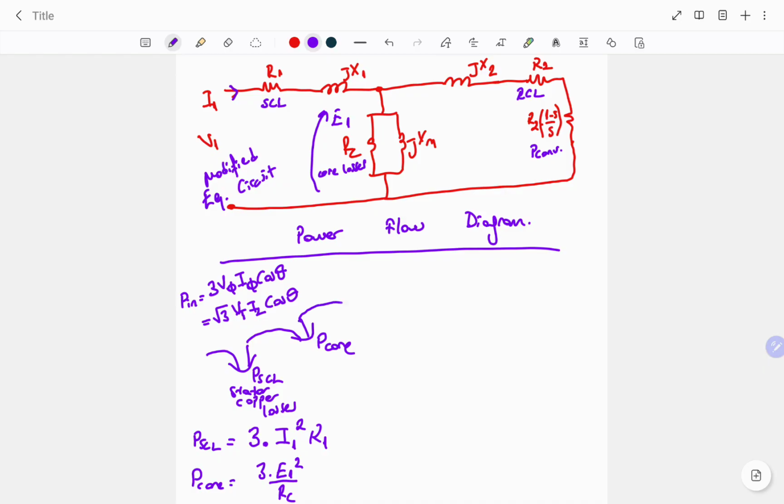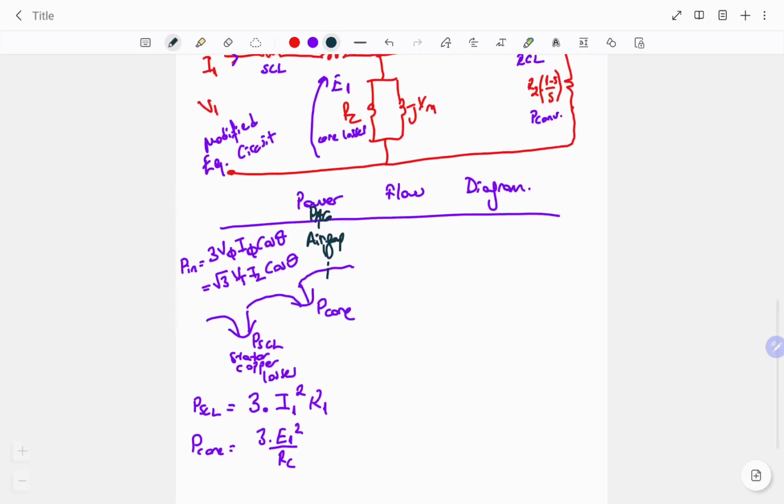After that, before the next loss, we have a critical point because we will transfer the remaining power in the stator to the rotor. Through what? Through the air gap. So the total remaining power at this point can be called the air gap power.